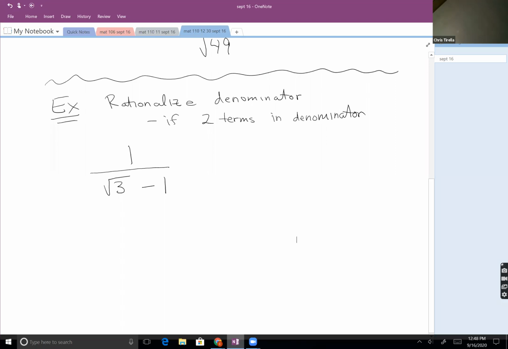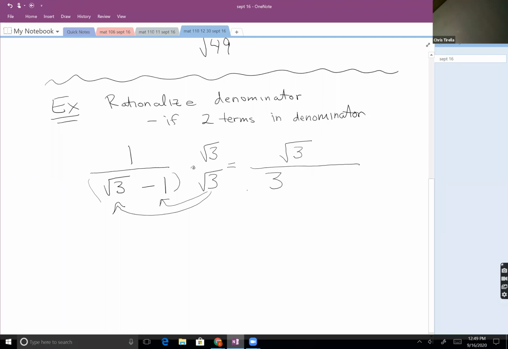Usually, when I ask that question, based on what we've done before, that's radical 3. There's always somebody who says, well, why don't we multiply top and bottom by radical 3? And if I do that, in the numerator, 1 times radical 3 is radical 3. But does everybody see that in the denominator, I'd have to distribute? Distributing, radical 3 times radical 3 is going to give me 3.